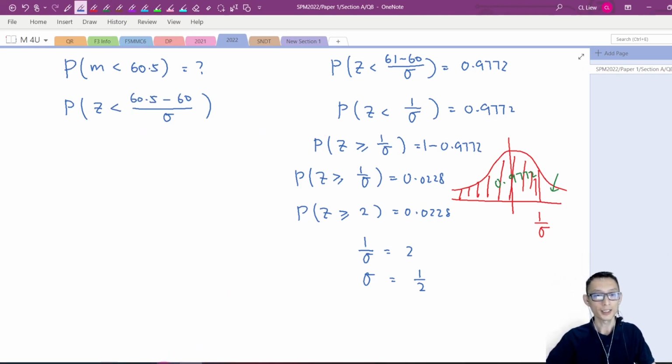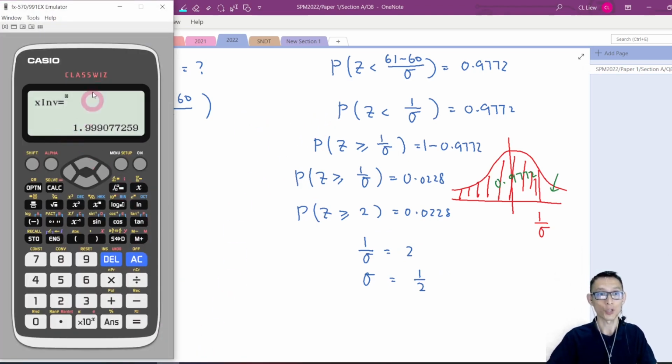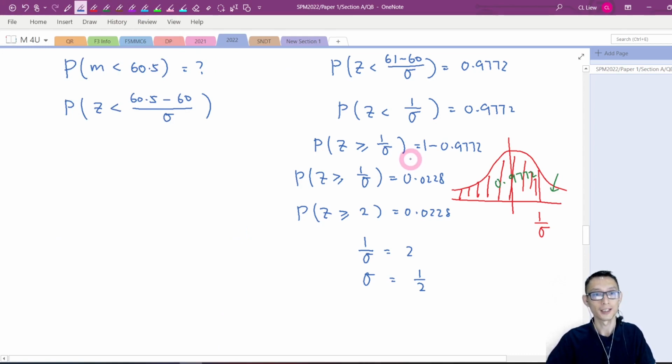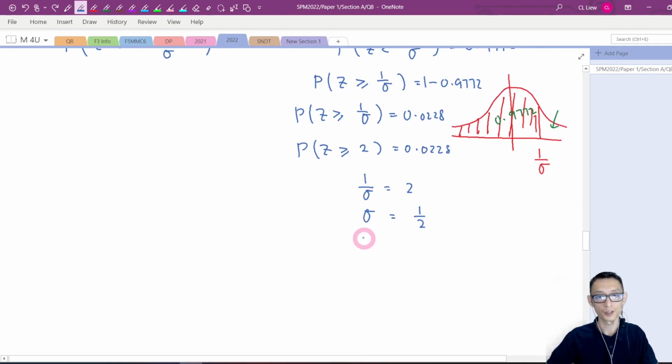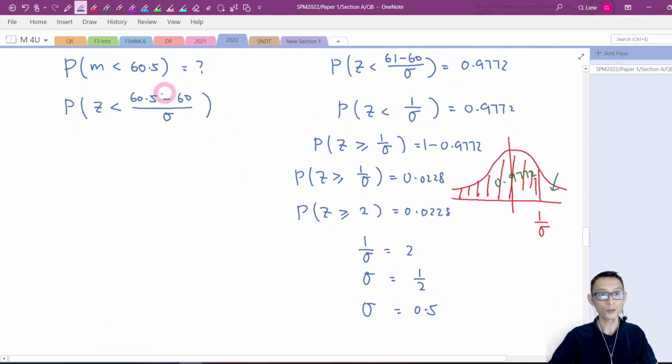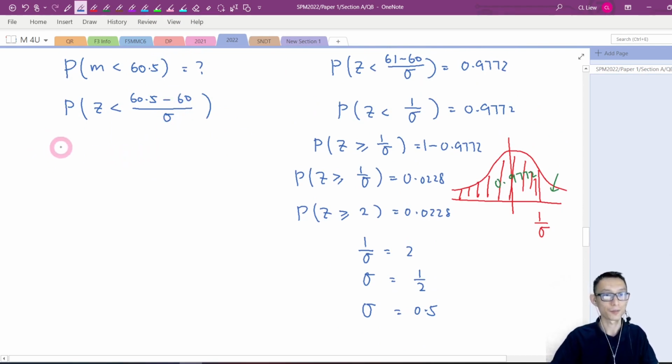Okay, so this is the way if you want to use your calculator to help you to solve this type of question. Now, I got standard deviation, which is 1 over 2, 0.5. Oh, sorry. So this is actually equal to 0.5. Now I can use this value to help me to get the answer here.